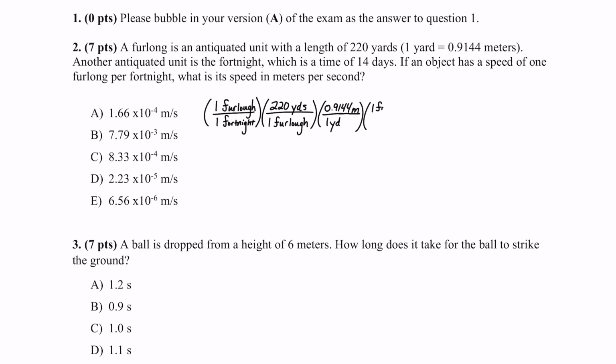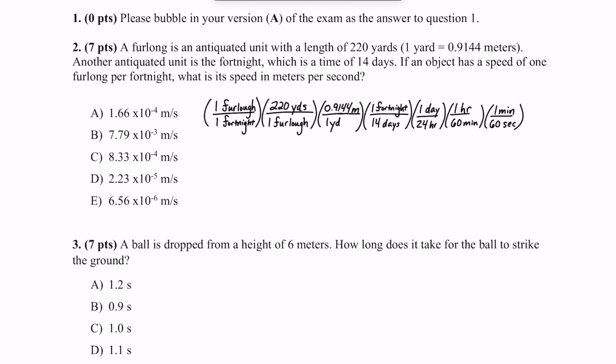1 fortnight is equal to 14 days. 1 day is equal to 24 hours. 1 hour is equal to 60 minutes. And 1 minute is equal to 60 seconds.